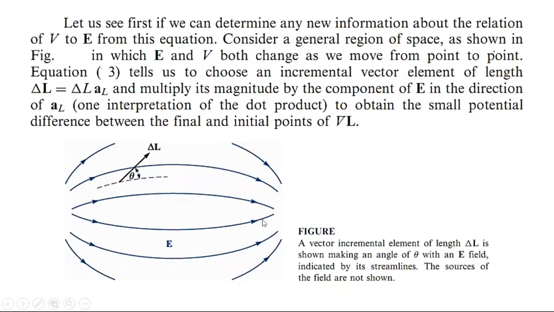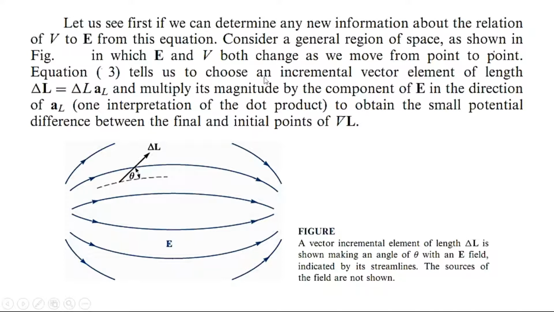So we have the electric field lines, we have the electric field intensity, and we considered an incremental vector element of length delta L. So delta L is actually a vector quantity. Its magnitude is given by delta L, and aL is actually the direction of delta L.